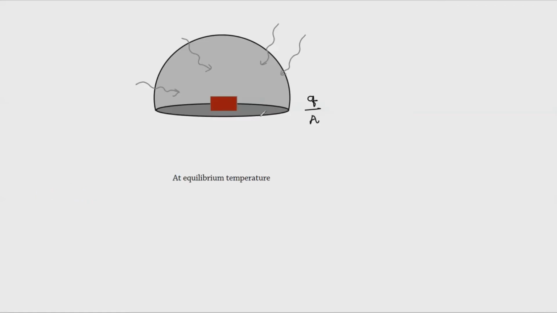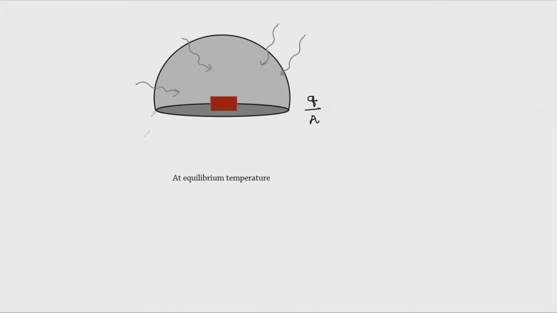Now that we've talked about black body, let's try to give an example of how this black body works in a way that we can solve equations through the idea of a black body. So imagine this material, which is not a black body, is enclosed in this large enclosure, which we would assume is the black body here.